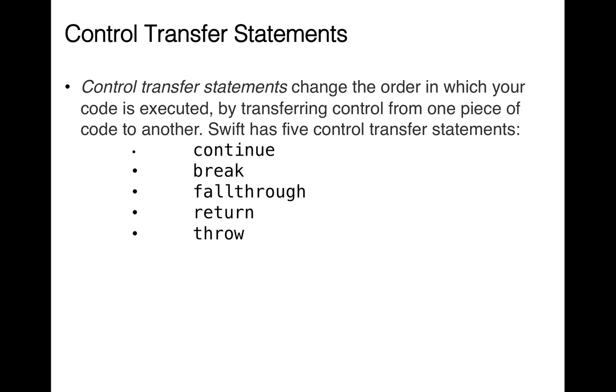In Swift, we also have some control transfer statements, including continue, break, fallthrough, and return. For this kind of thing, it's similar to C, but in Swift we have a special fallthrough.